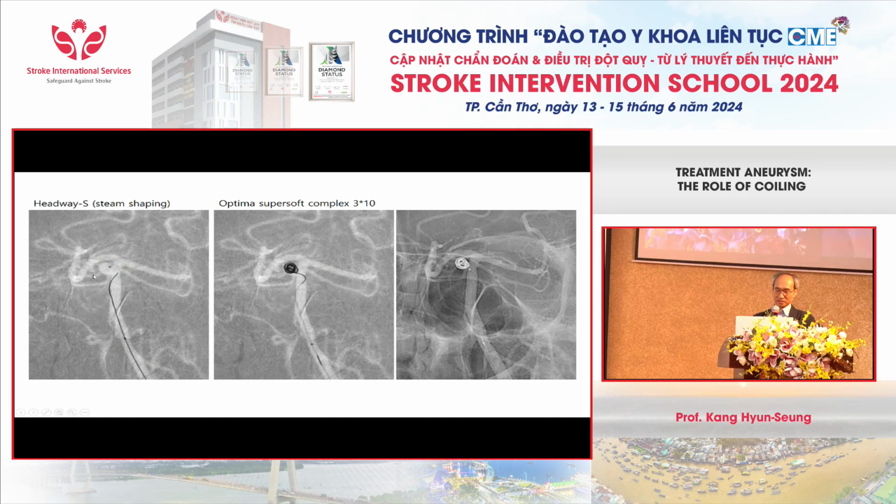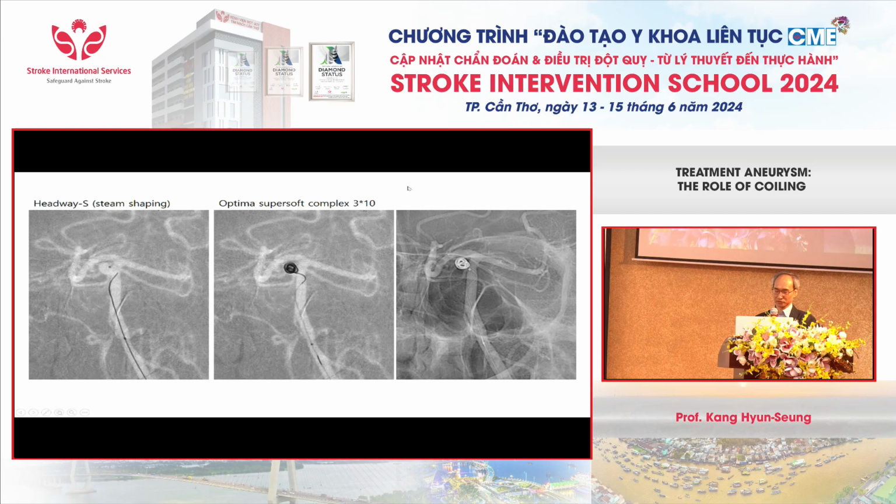What we did was we selected the aneurysm with a Headway S with stem shaping, and we deployed the first frame coil, the Optima Super Soft Complex 3x10.